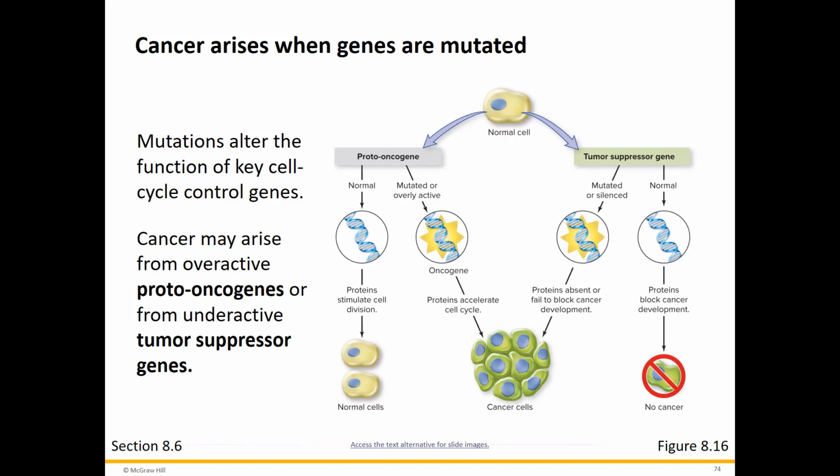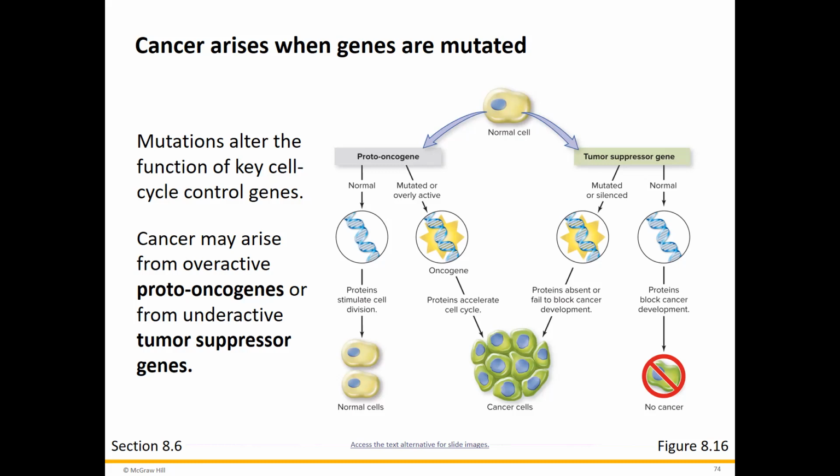These mutations alter the function of the cell. And when it's a cancer cell, it's altering the cell cycle control genes, right? Cancer is uncontrolled cell replication, so it has skirted the cell cycle control mechanisms.